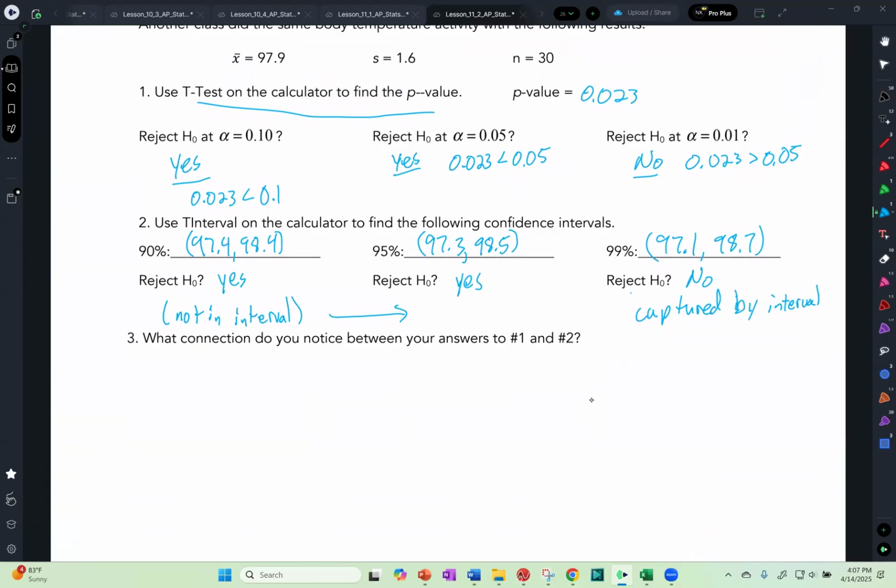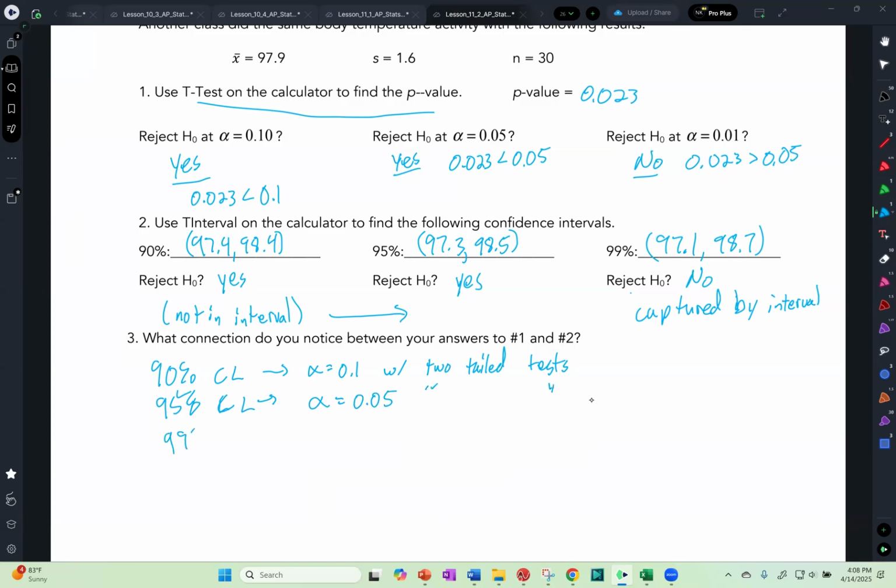And also, I should say this, 90% confidence level is connected to an alpha of 0.1 with a two-tailed test. 95% confidence level is connected to an alpha of 0.05 with a two-tailed test.